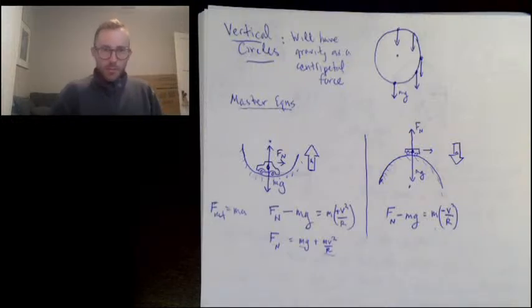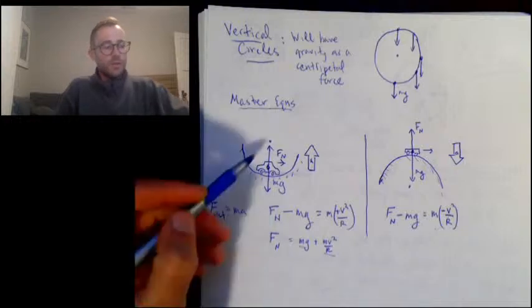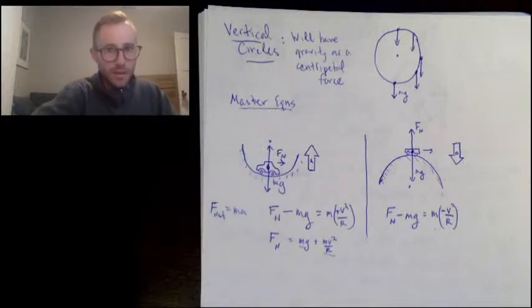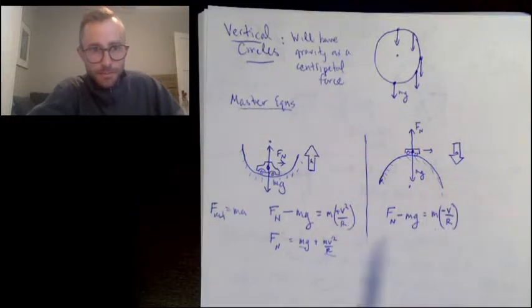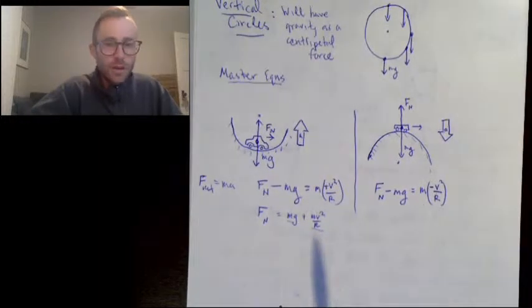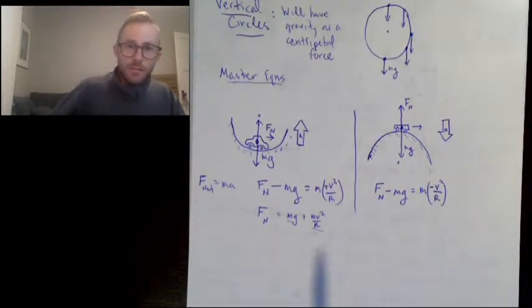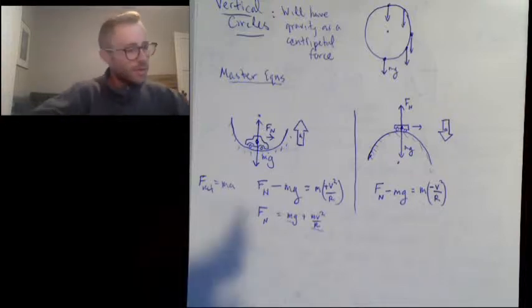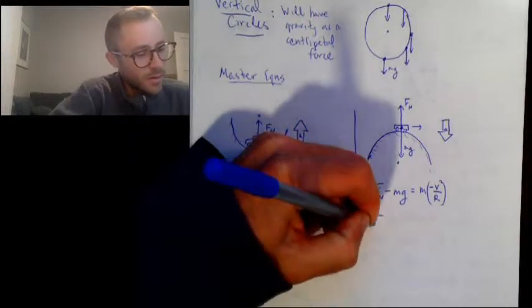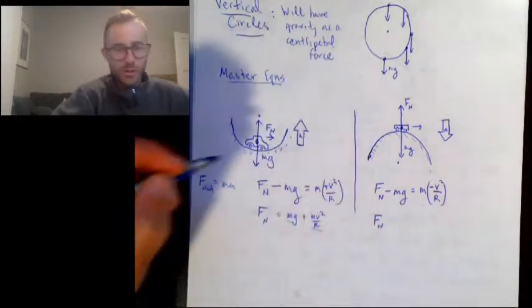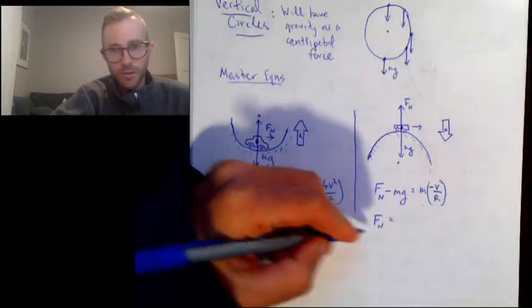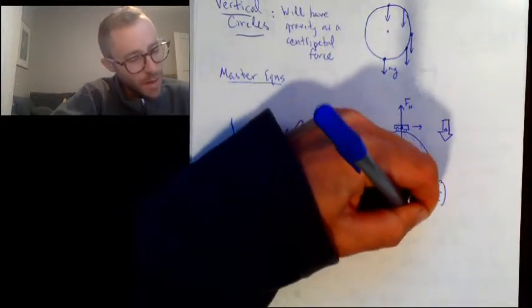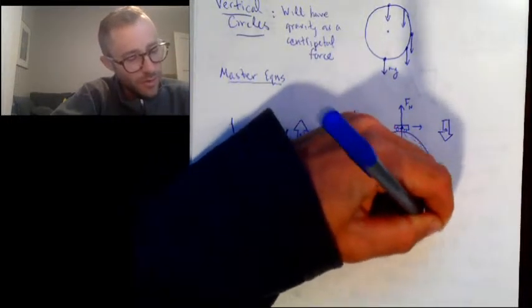So your normal force is greater than your weight when you're at the bottom of a hill. When you're at the top of a hill, rearranging this equation, you have normal force equals mg minus mv squared over r.